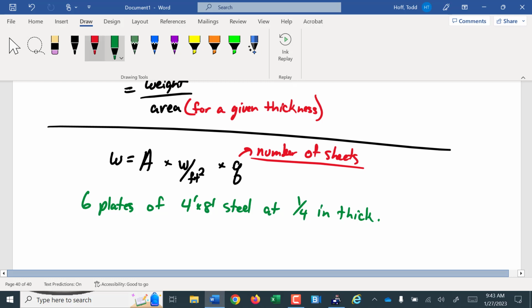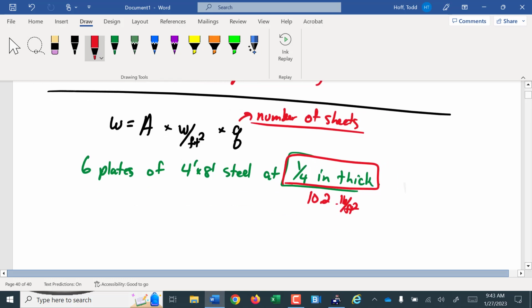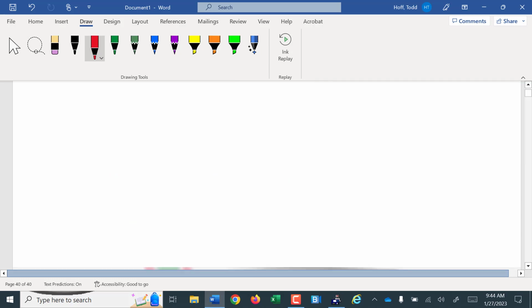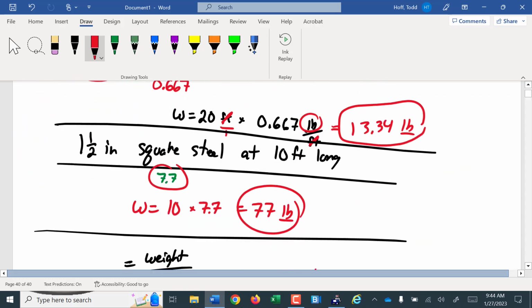So from that table, what is the weight per square foot for 1/4 inch thick steel? 10.2, perfect. And technically the units there are pounds per square foot. So the weight of this, we have an area. How do we find the area?